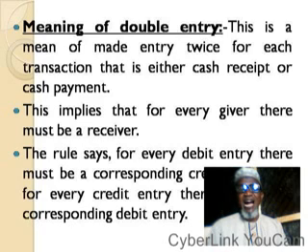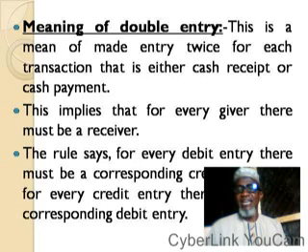We are going to have our debit entry, and the debit entry should correspond to a credit entry. Once again, the debit entry must correspond with a credit entry. That is the reason why we say we have the double entry system.